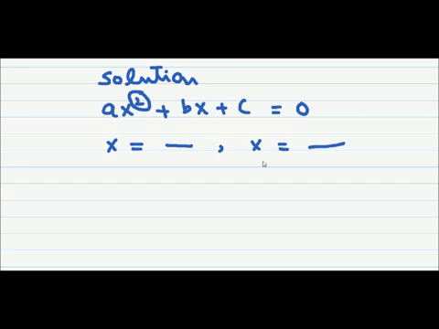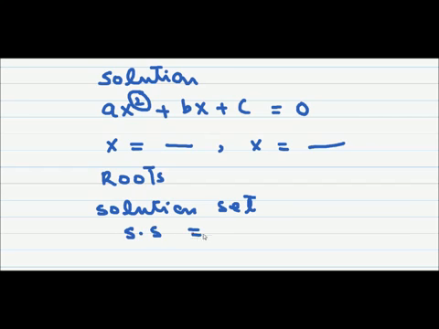These values of the variable x are called the roots of the equation, and they are written in the form of a solution set. Solution set is denoted by SS. SS is equal to curly brackets first value, comma, second value, and then curly brackets close.